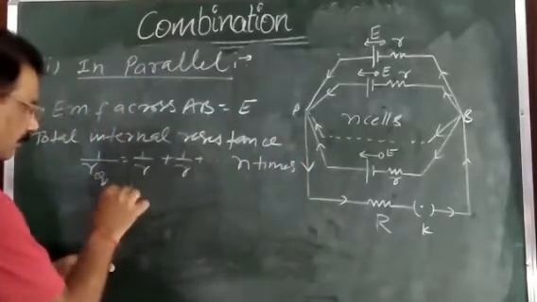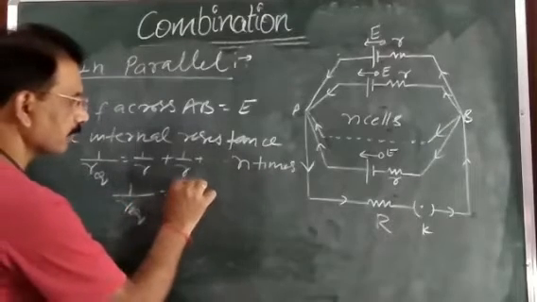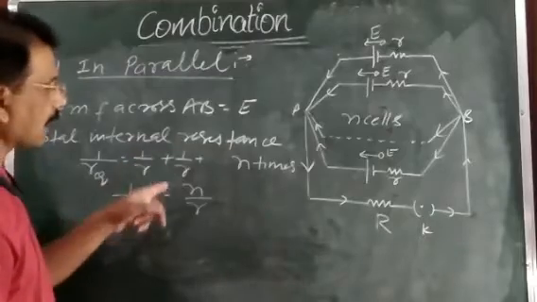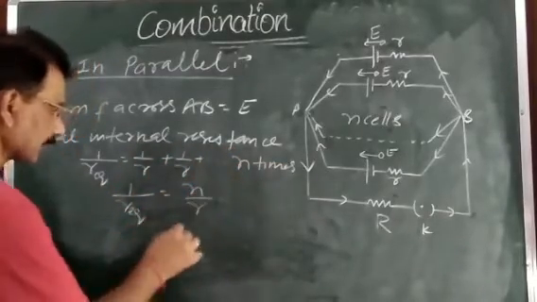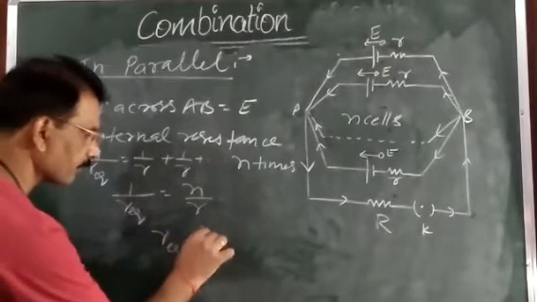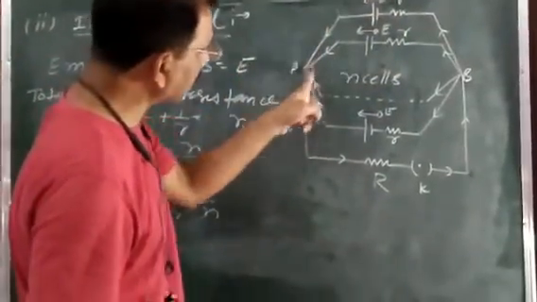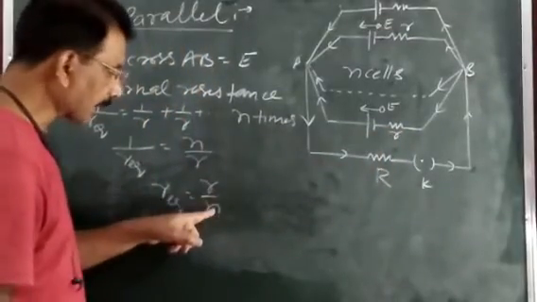It means 1 upon R equivalent is equal to N by R. 1 by R plus 1 by R and 1 by R, N times, gives N by R. It means R equivalent is equal to R by N.